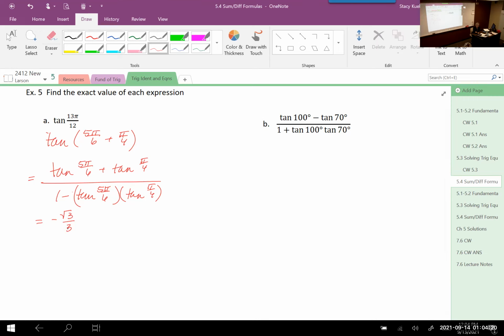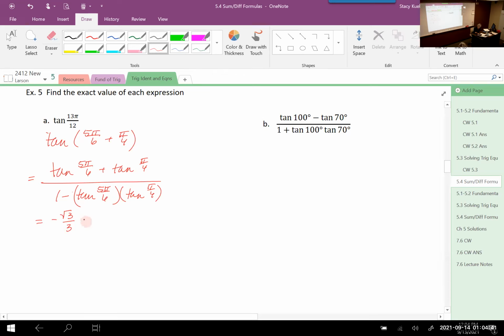I thought tangent was y over x. It is. Okay, now what about the tangent of pi over 4? Duh. 1, right? Oh, it's always a good day when we can find just a regular number like 1.